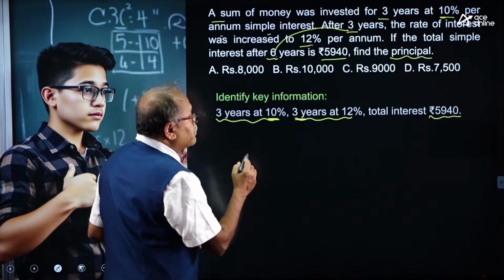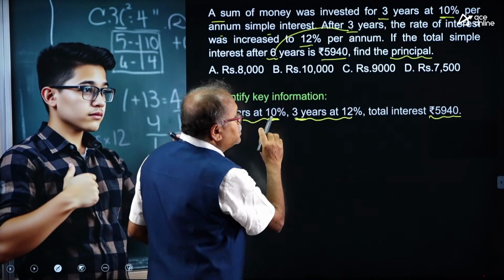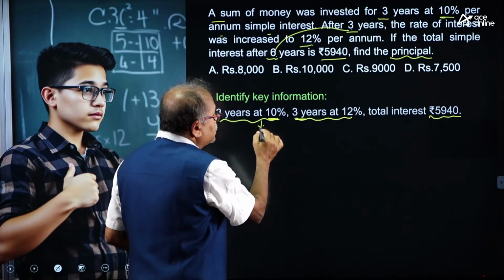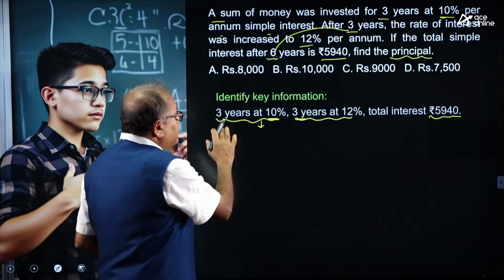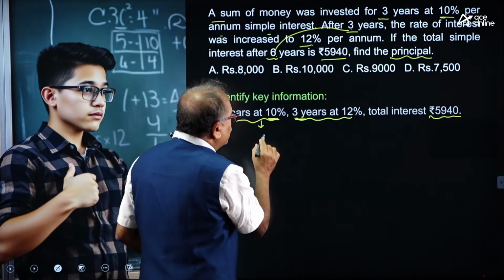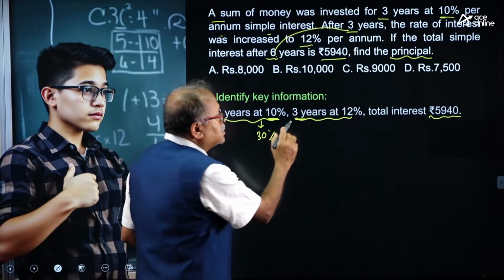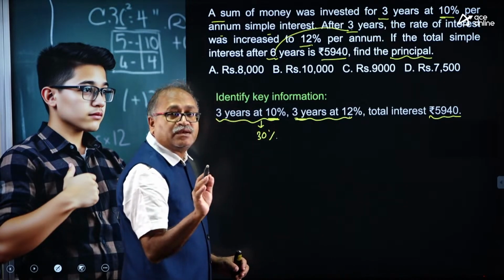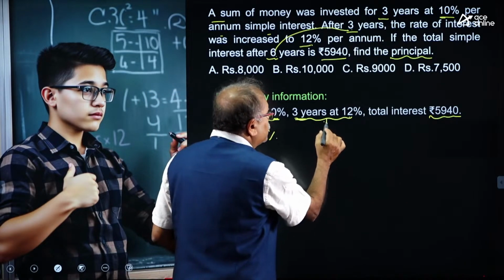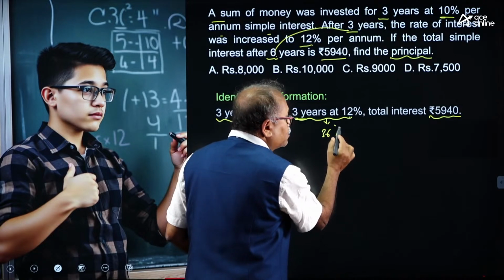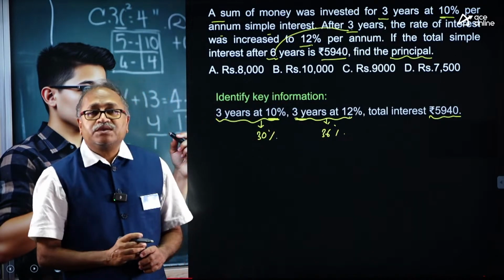So, here what I understand is, for the first 3 years 10% per annum, right? 10 into 3, I get 30% interest here. For the next 3 years I will have 12% interest, so that is 12 into 3, that comes 36% interest. What is the total interest you are getting?